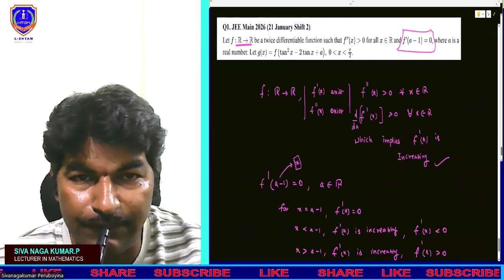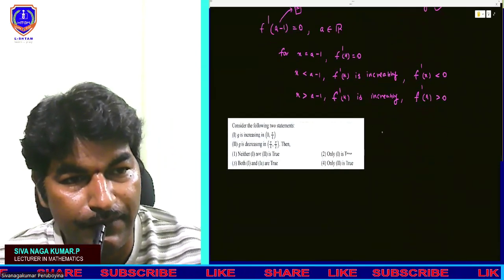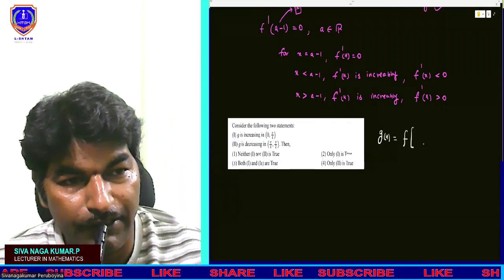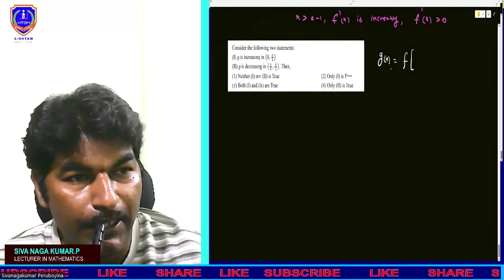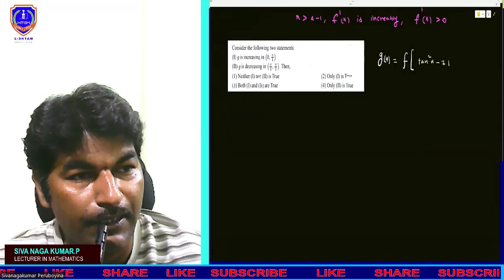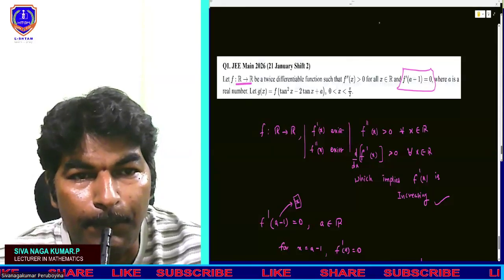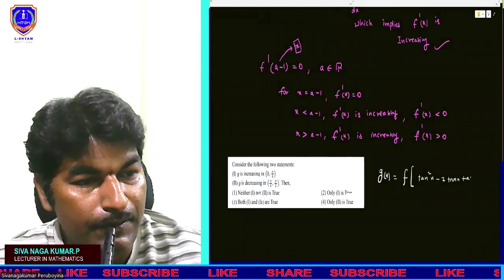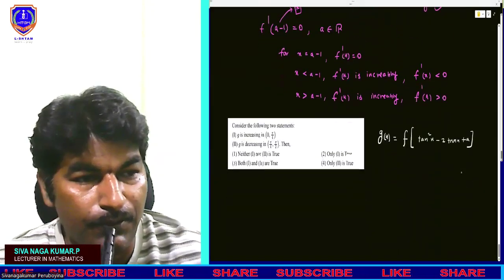Look at the g(x) function. g(x) is defined as f of tan squared x minus 2 tan x plus a, and it is from 0 to 90.